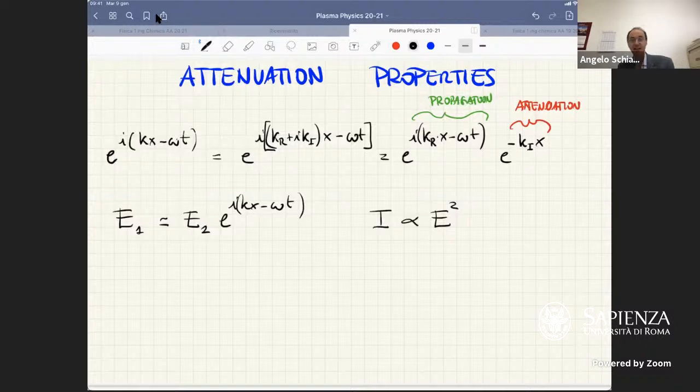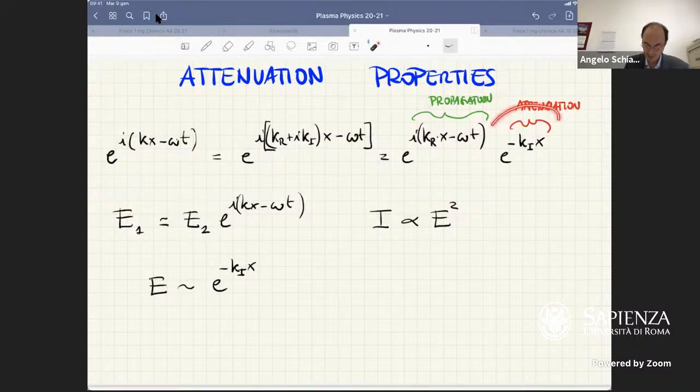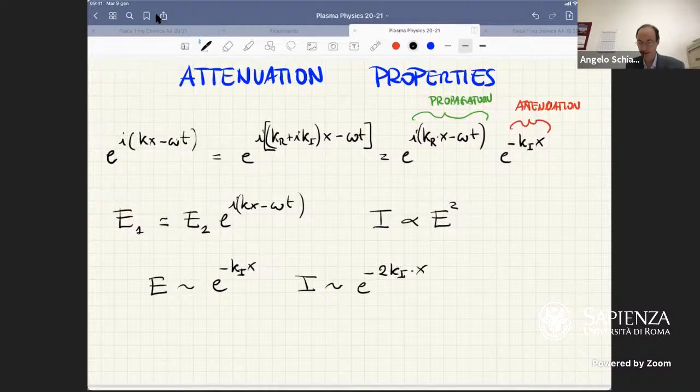Any electromagnetic wave carries with itself an intensity which is proportional to the square of the amplitude of the electric field. So you see that if the electric field goes as e to the minus ki x, which is the attenuation part, then the intensity goes as e to the minus 2 ki times x, the propagation coordinate.